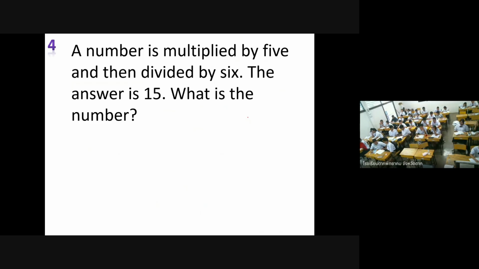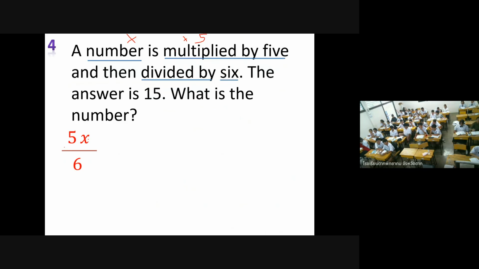Okay. Number is letter X. Multiply means times 5, so x times 5 is 5x. Again, multiply by 5 means x times 5, which is 5x, and then divided by 6.